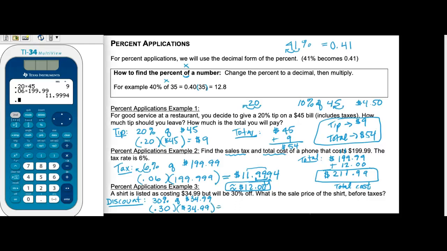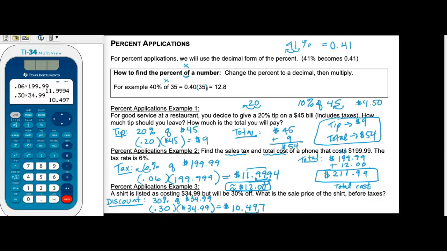So I'm going to take 0.30 times 34.99, and I get, just like the last one, a number with 3 digits after the decimal, which we don't want because with money we just want 2.